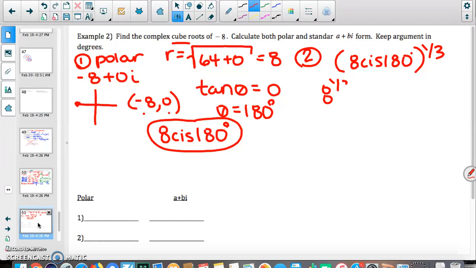So it's 8 to the 1/3 power, CIS times 180 times 1/3. 180 divided by 3 is going to be 60 degrees.